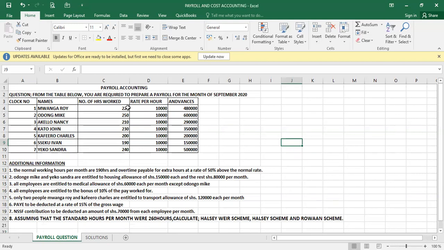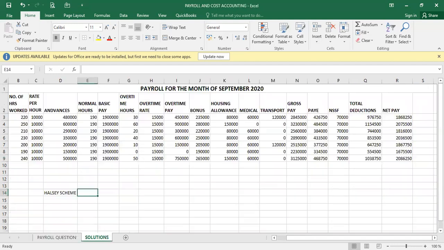But you find most of these employees, you are seeing them here, did the job before these normal hours. So what we do, let's say I'm computing for Roy, it will be 260.